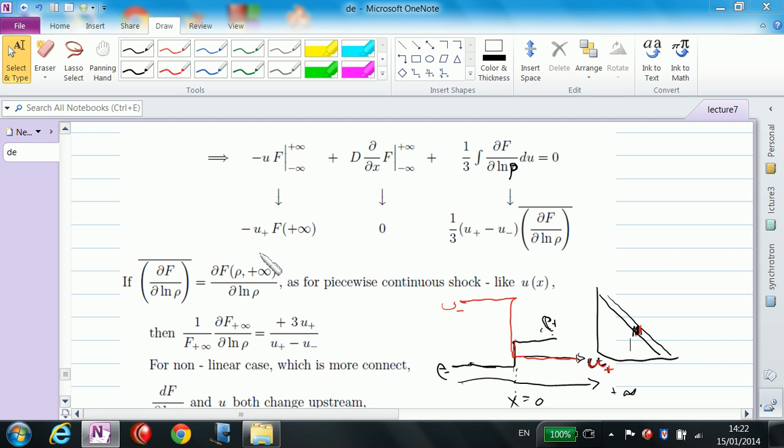So really, the power law is just the loss rate, which is proportional to U plus, over the gain rate, which is proportional to delta U over 3. So alpha loss is proportional to U plus, and alpha gain is proportional to, let's say, (U minus minus U plus) over 3.